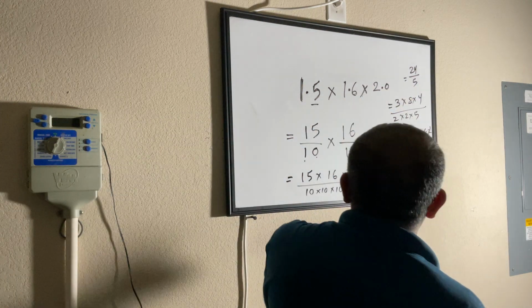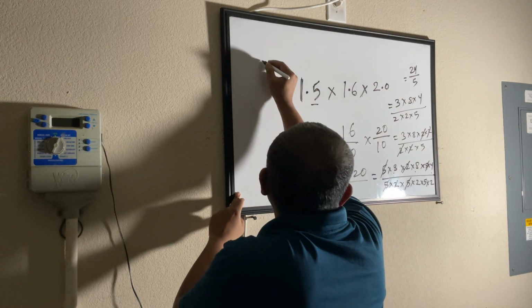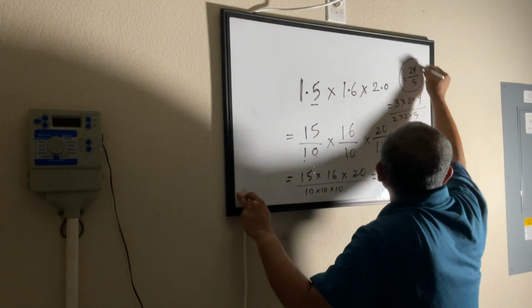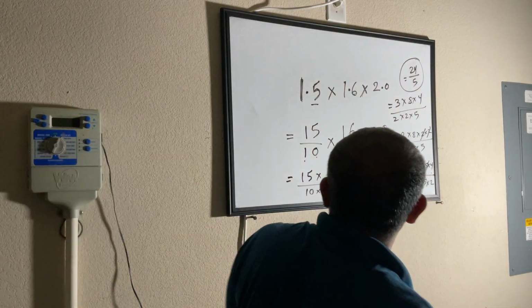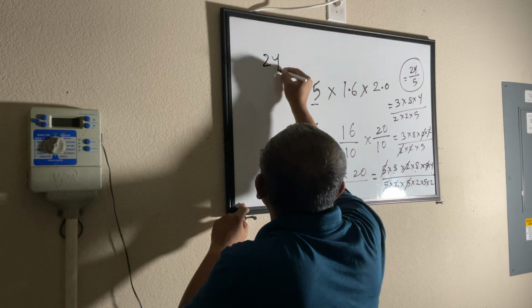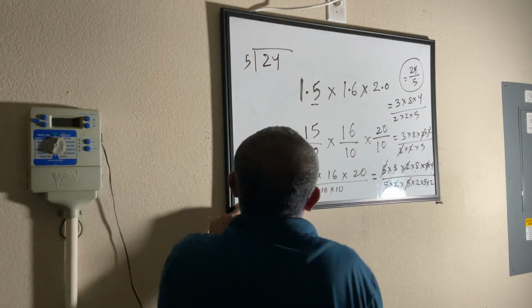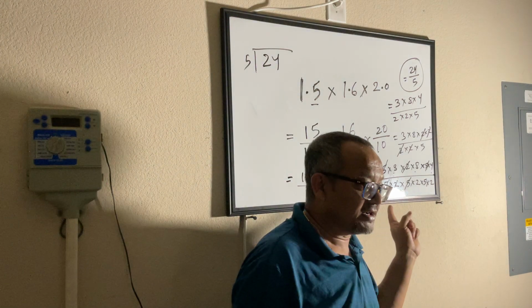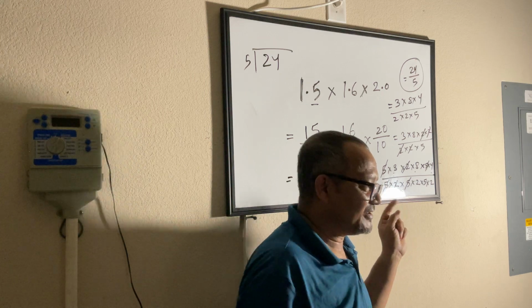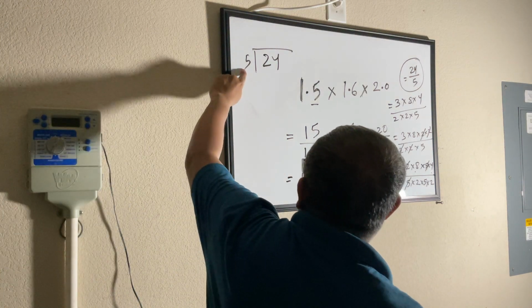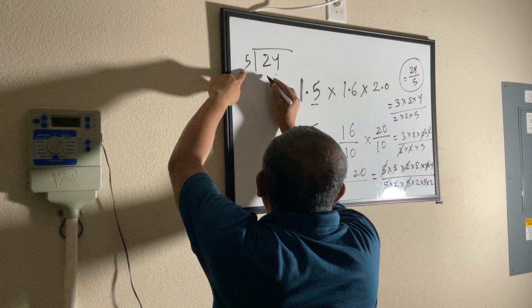24 by 5, that's what we are trying to find out. Okay, now either I can stop here or if I want to get an exact value, we'll do that. So 24 divided by 5. Now the next fun thing will start. Chicken and egg. We start from 5. 5 4s are 20, 5 5s are 25.